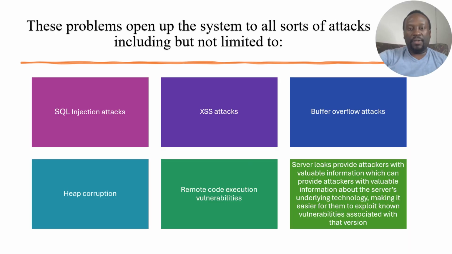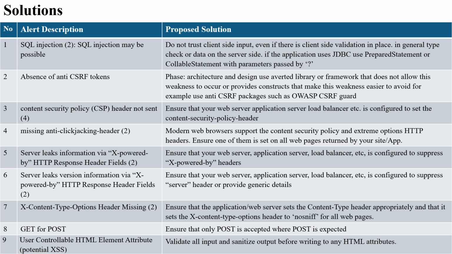These problems open up the system to all sorts of attacks, including but not limited to SQL injection attacks, cross-site scripting attacks, buffer overflow attacks, and many more. So these are some of the proposed solutions to the already identified problems.